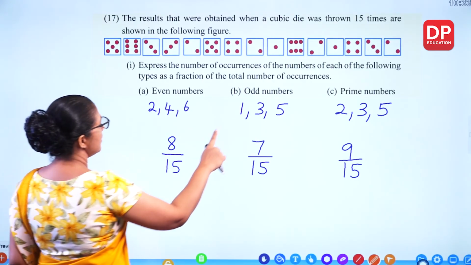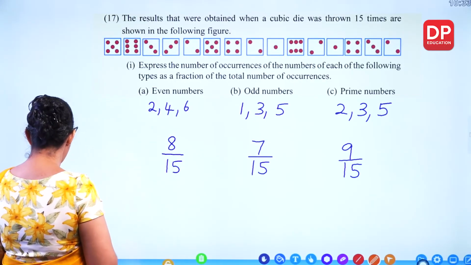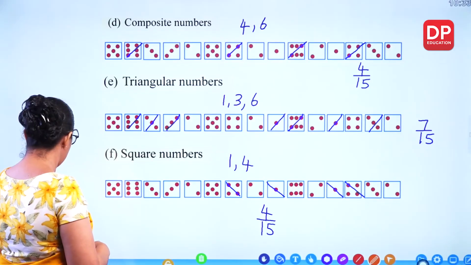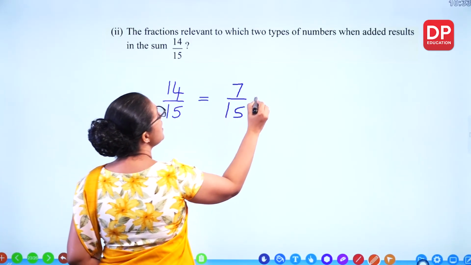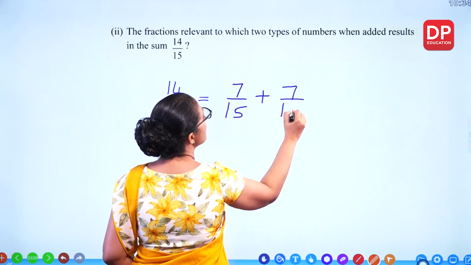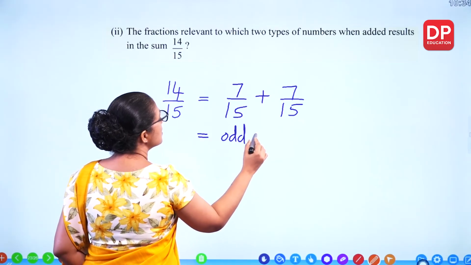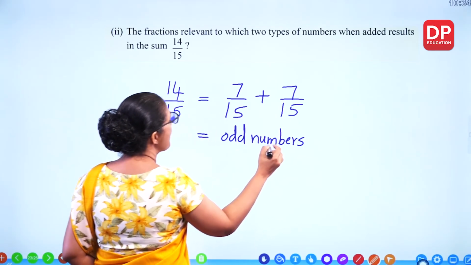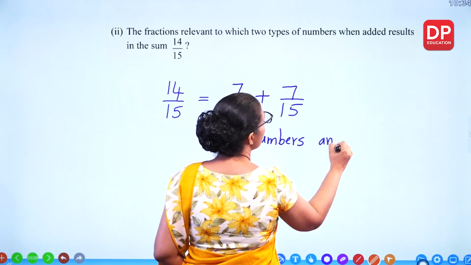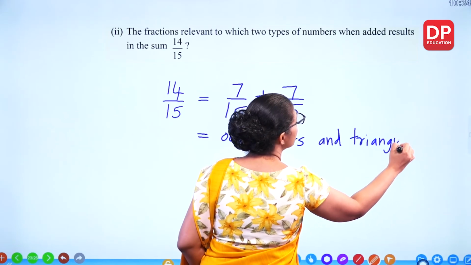And 7, odd numbers. You can say 7 over 15 plus 7 over 15. That's odd numbers and triangular numbers.